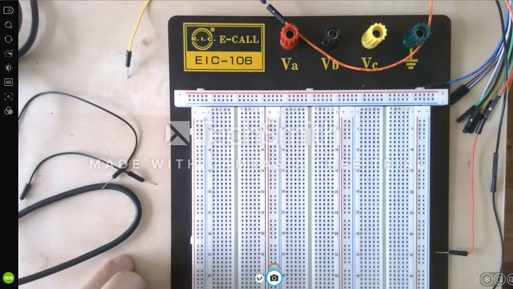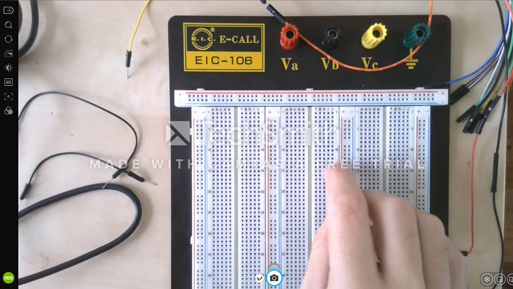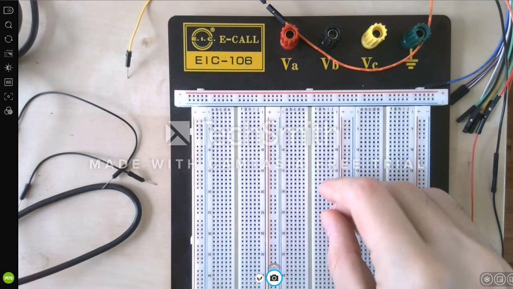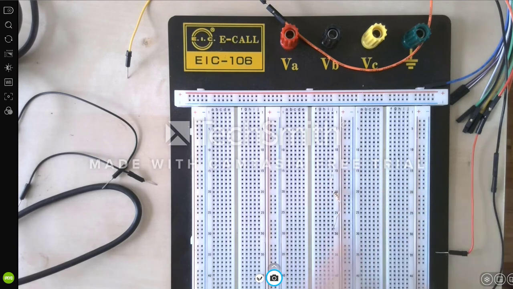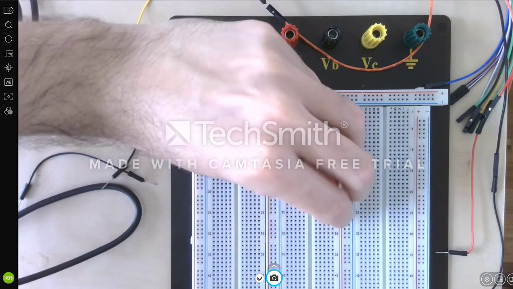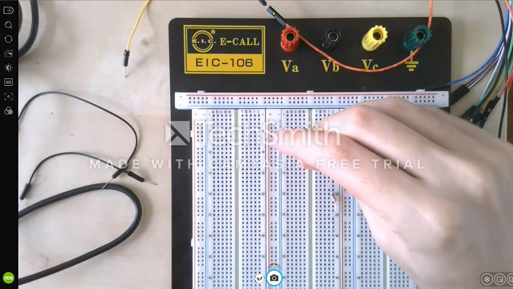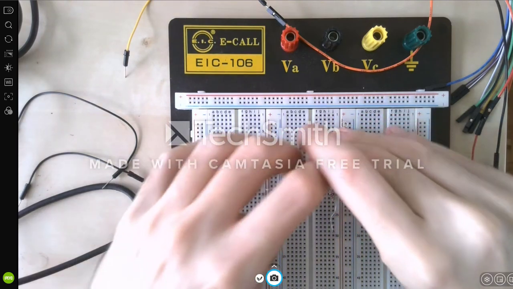Now let's do that. This is the 5.6. Let's connect it here. And the 2.7 will be in series here.